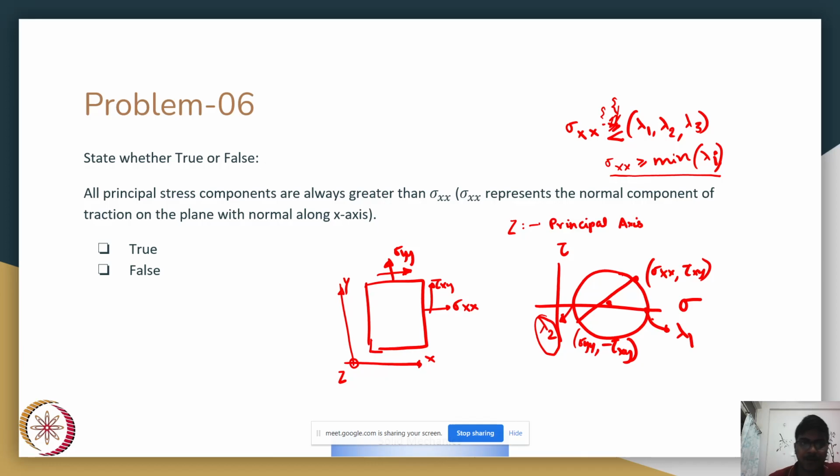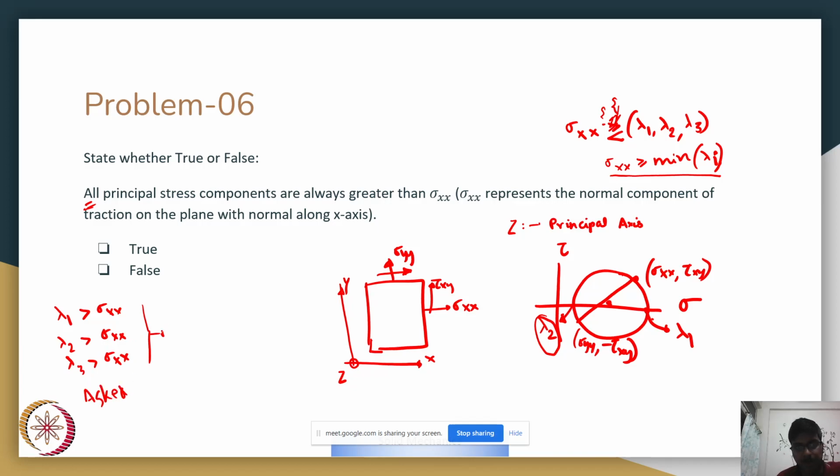Yes, and that is what we are asked, right? We are asked if all principal components are greater than sigma xx, which essentially means lambda 1, lambda 2, and lambda 3 are each greater than sigma xx. So, false.